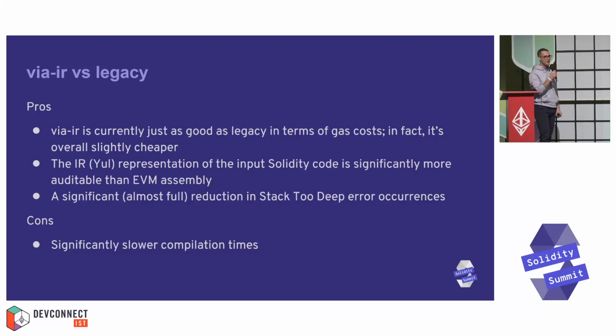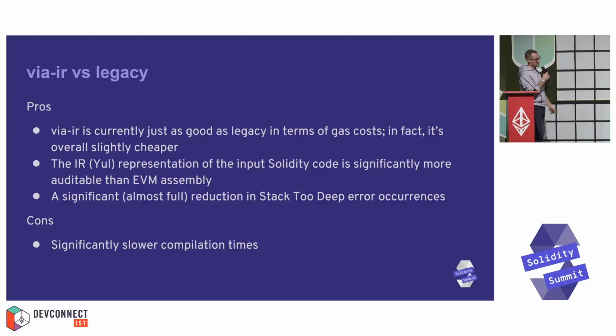It's a little bit cheaper than the legacy pipeline. There is a caveat. There are certain situations in which legacy is a little bit cheaper than via IR, but in the vast majority of cases, that is not true. Also, for anyone who's auditing, obviously reading YUL is significantly easier than reading EVM assembly, so that's a plus.